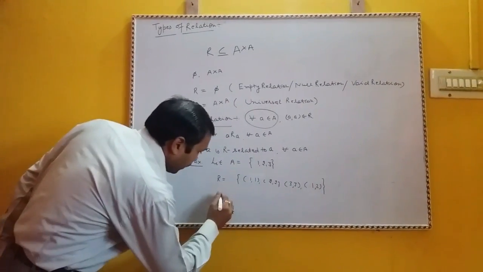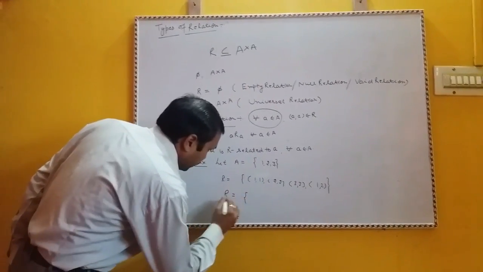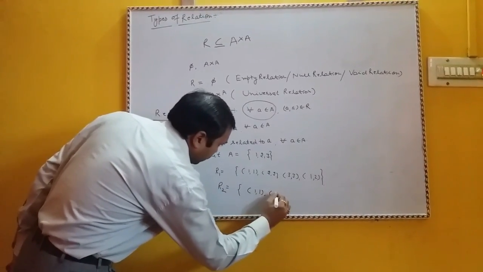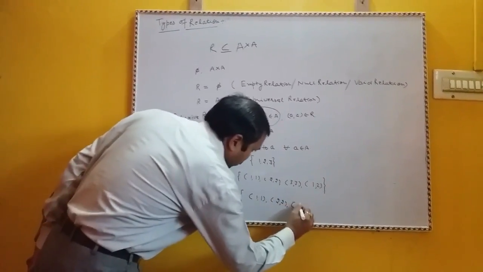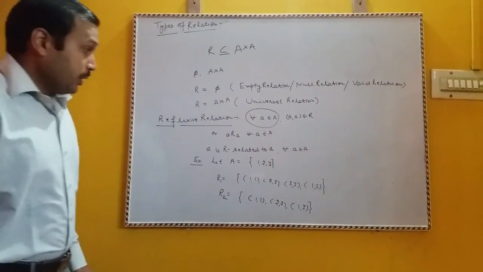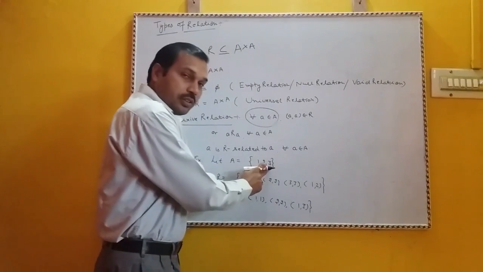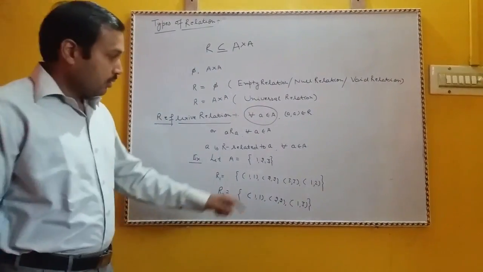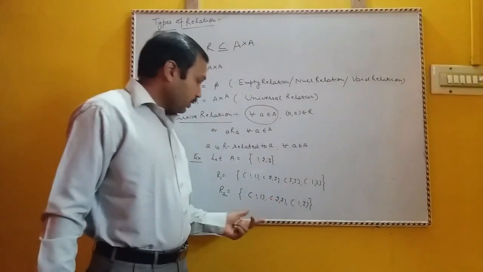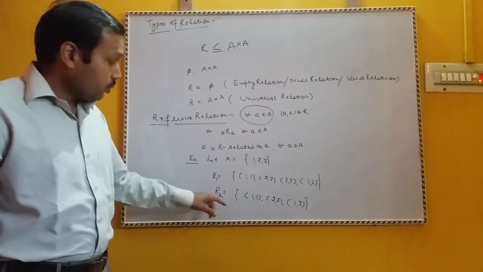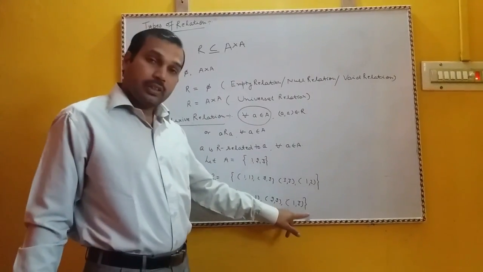Whereas if we have, for example, 1 1, 2 2, 1 3, obviously we can see here the element 3 does not have an image, means ordered pair 3 comma 3 does not exist in R2. So this relation is not reflexive.